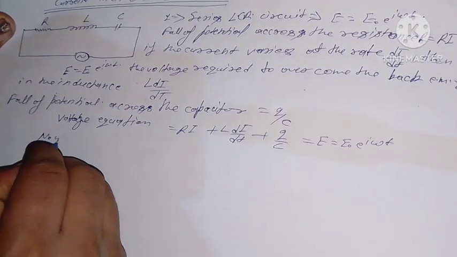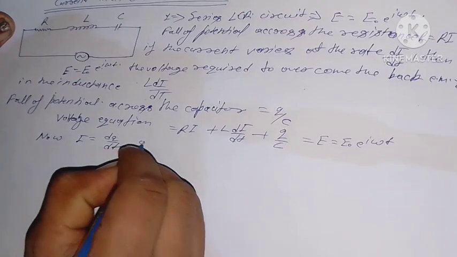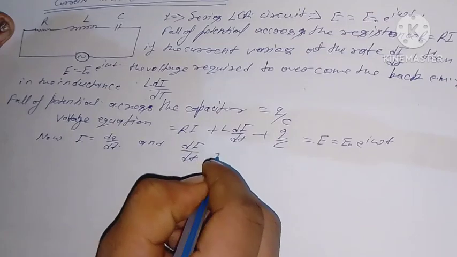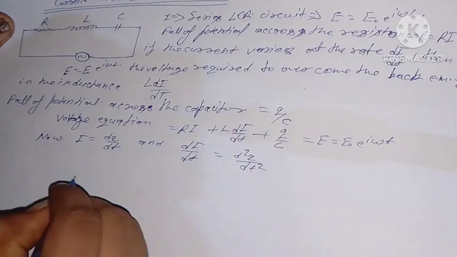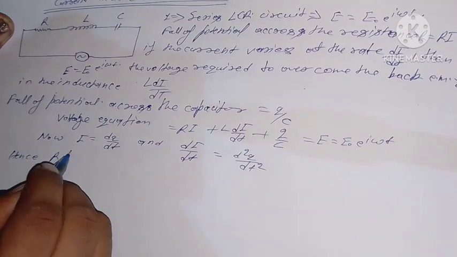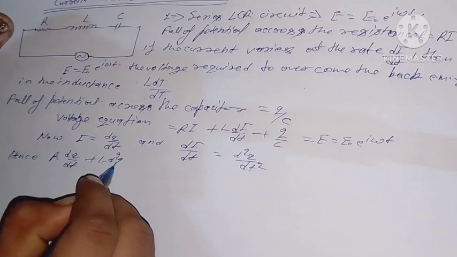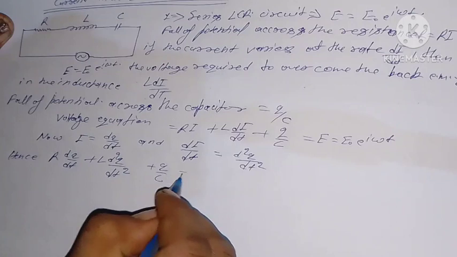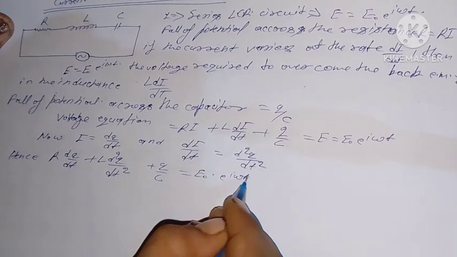Now i equal to dq by dt and di by dt equal to d square q by dt square. Hence R dq by dt plus L d square q by dt square plus q by C equal to E naught e to the power i omega t.